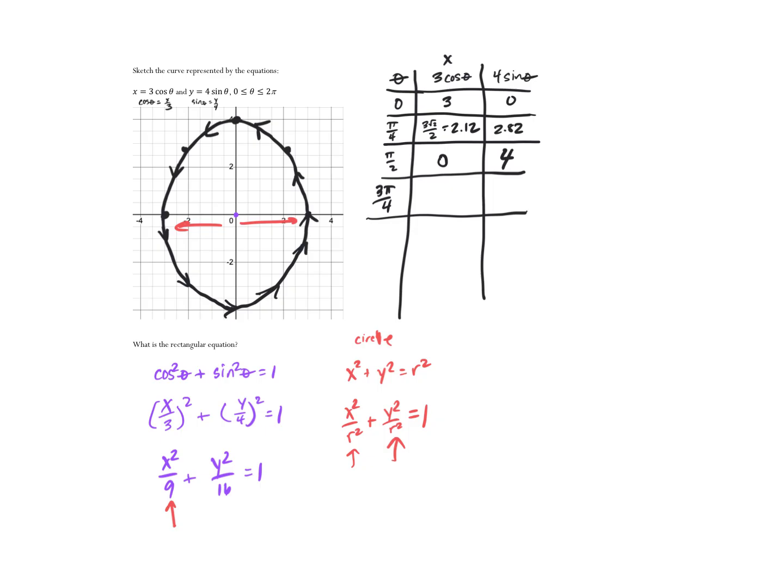How do you know that you start at pi over 4? It was arbitrary. What would happen is if I made my t-step, let's say I was counting by pi over 2s instead of pi over 4.